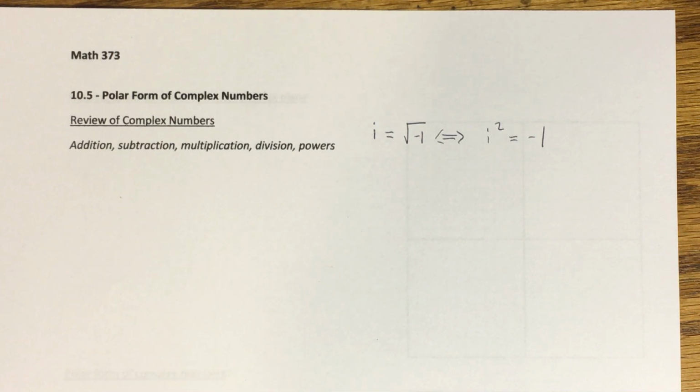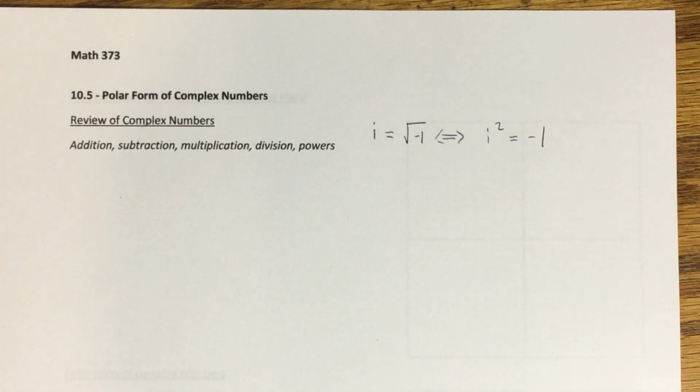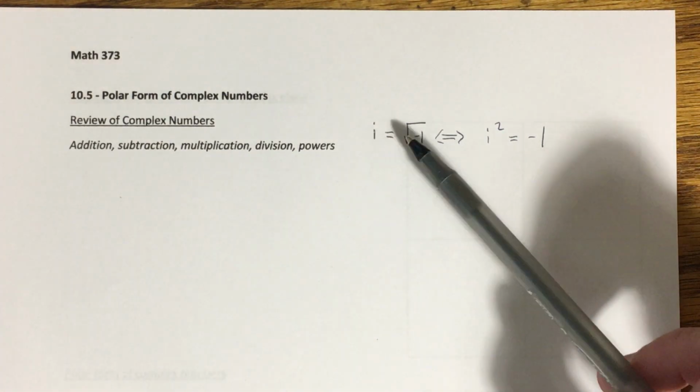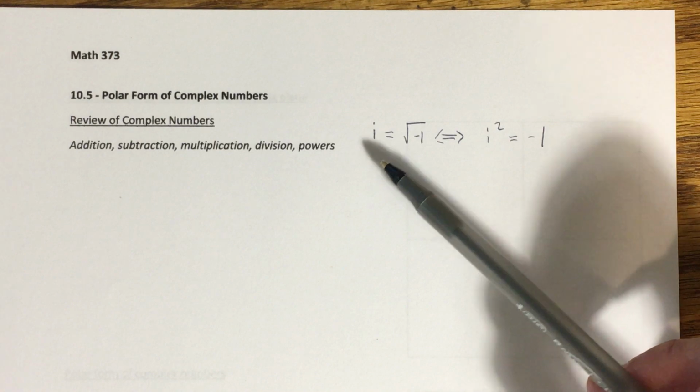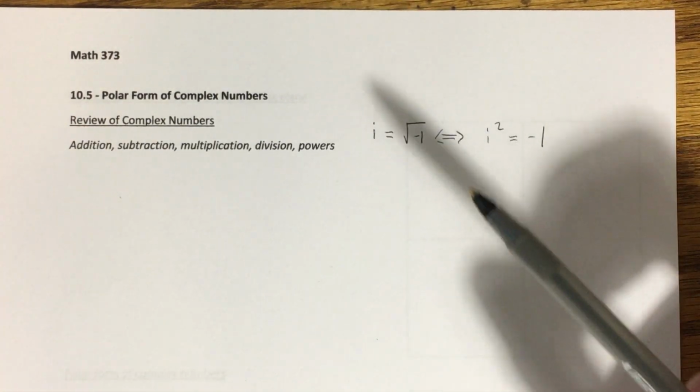The number that we call i is no more real or imaginary than the number 1. And as long as this fulfills a useful role in mathematics, it is as valid of a number as any other.